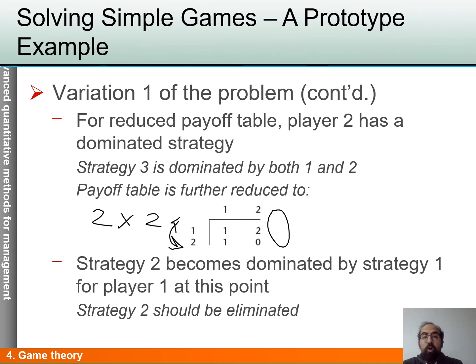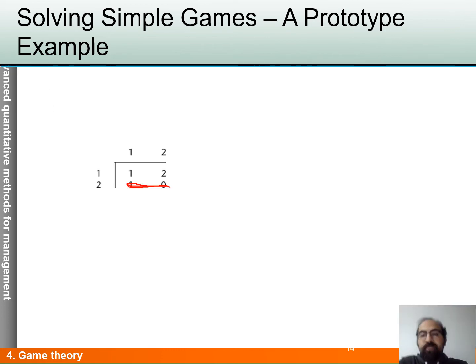As you see here, all the elements of strategy 1 for player 1 are better than the elements of strategy 2 of player 1. So strategy 2 should be eliminated. Finally, as we saw in the previous slides, we remain with a table something like this.